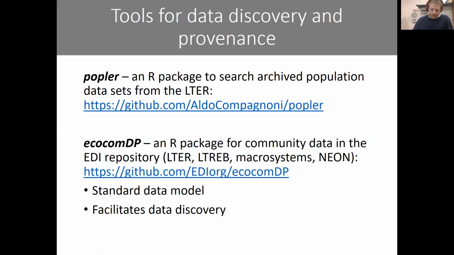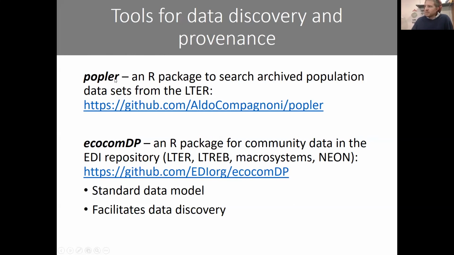Okay, before we open up to questions, I want to give a shout out to some adjacent projects that have been super helpful to us. Tom Miller and Aldo Compagnoni have put together this Popler R package. None of the data sets I showed today were from this package, but we have a huge number of potential data sets that we found using it.